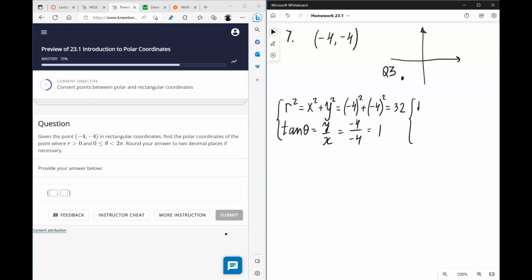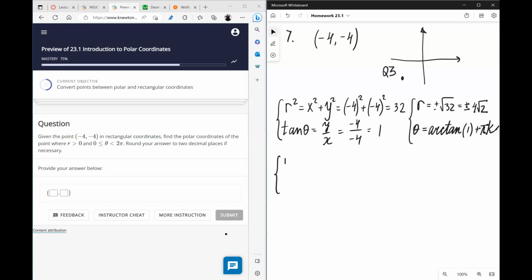Now r will be plus or minus square root of 32, which is plus or minus 4 radical 2, and theta will be arctan of 1 plus pi k.